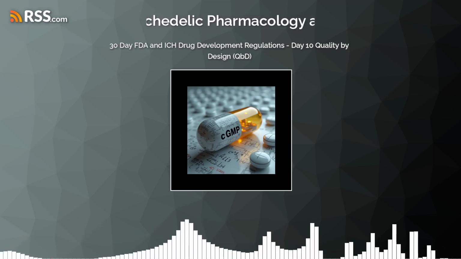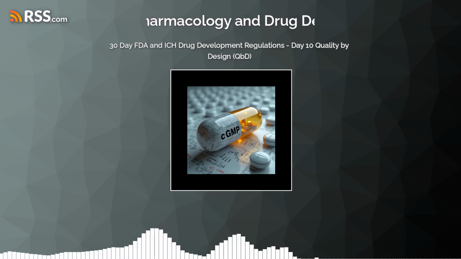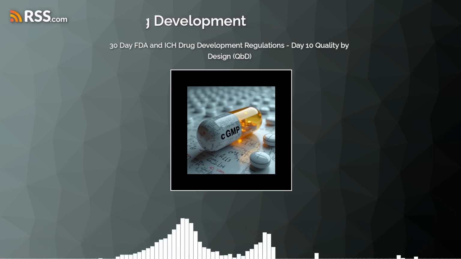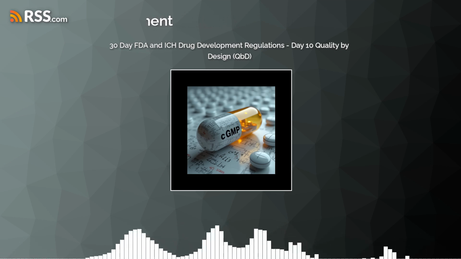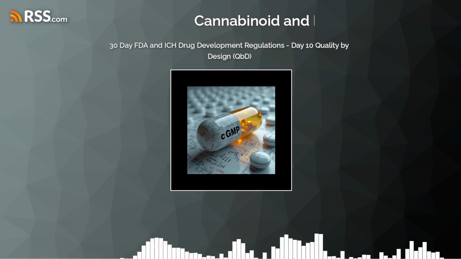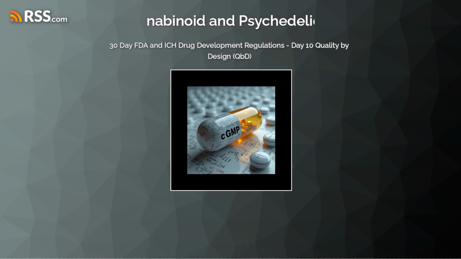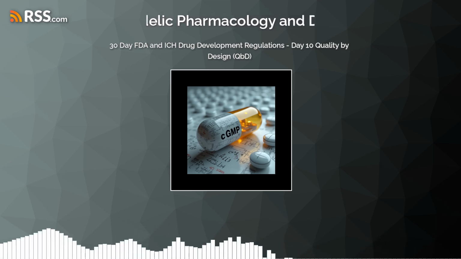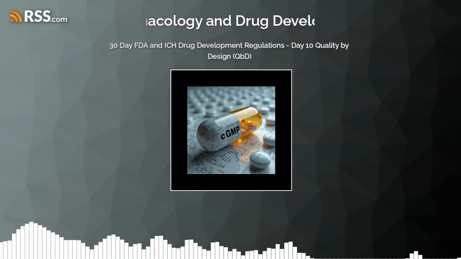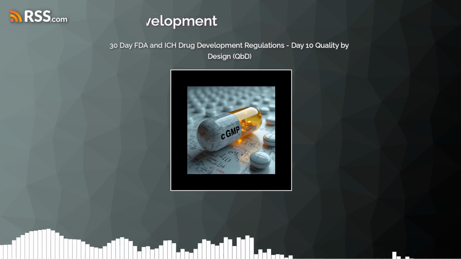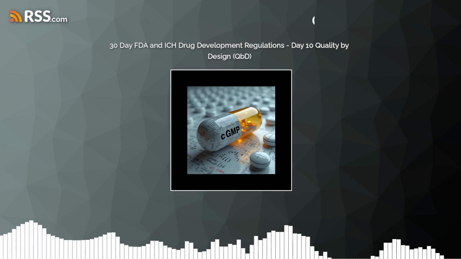Because we've defined that design space, and we have a deep understanding of those critical quality attributes, we can assess the impact of any proposed changes, like, will this tweak affect the drug's quality? Will it affect its safety or effectiveness? QBD gives us the framework to make those informed decisions. So, like that city map analogy again, if you need to reroute traffic, you can see how it will affect the entire system. Precisely. No surprises, no traffic jams.